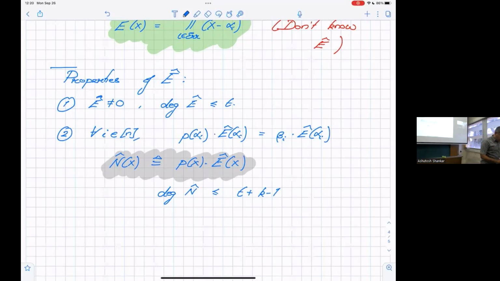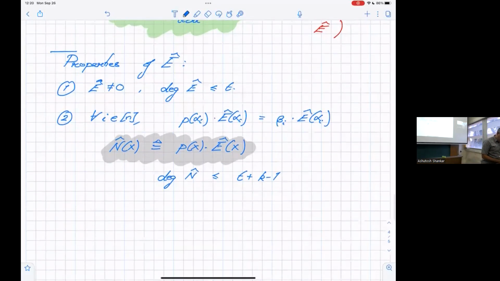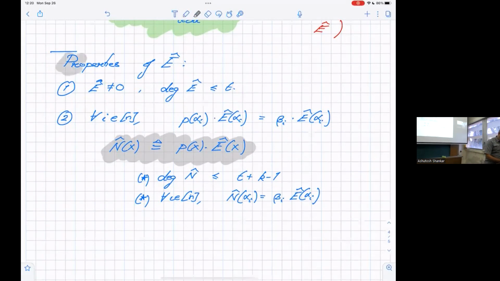And furthermore, for all i, N hat(alpha_i) equals beta_i times E hat(alpha_i). I'm just rewriting it. Once again, we want to lay our hands on an E hat that satisfies some properties.